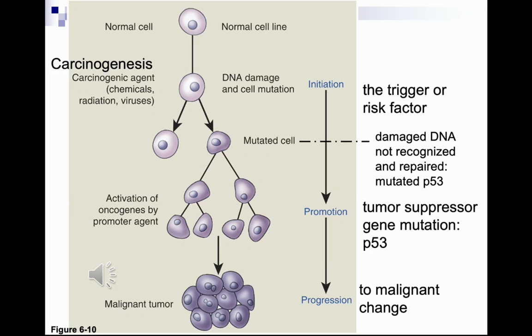In addition, abnormal cells are not kicked out of the cell cycle, and cells are not coded for apoptosis. The DNA damage continues to be promoted and get worse. More and more DNA mutation will eventually result in a malignant change.